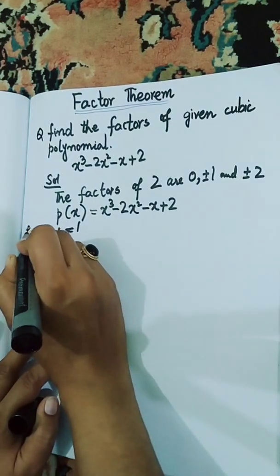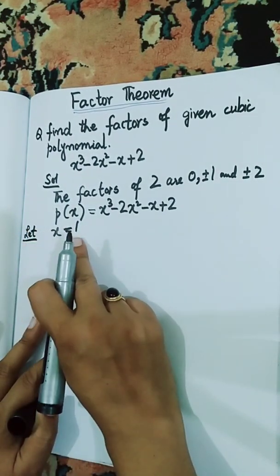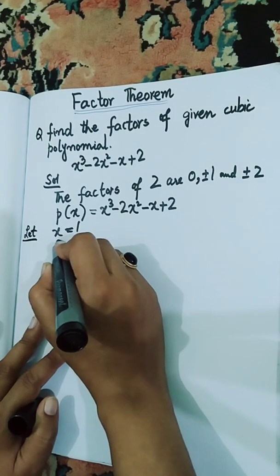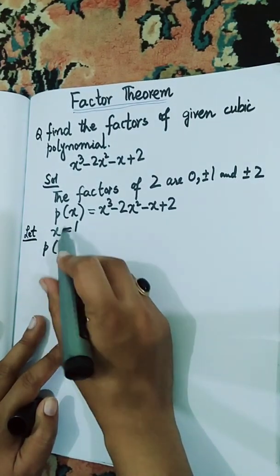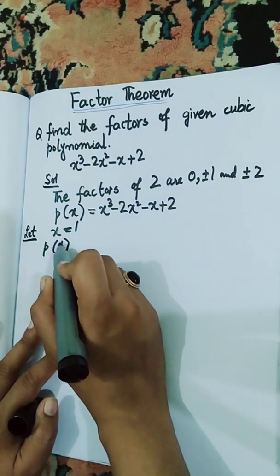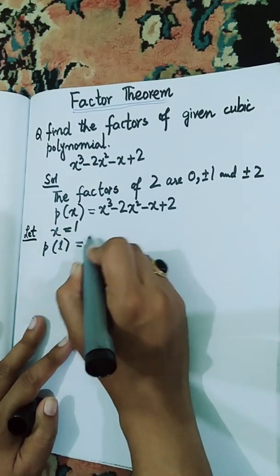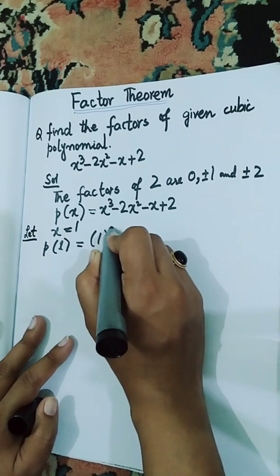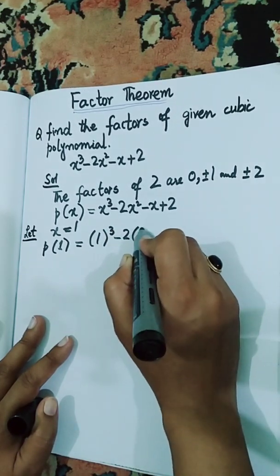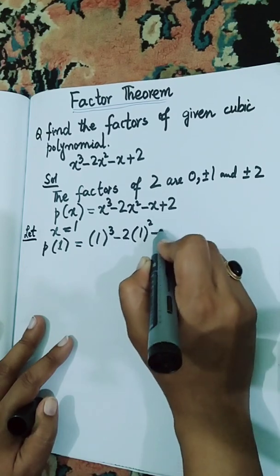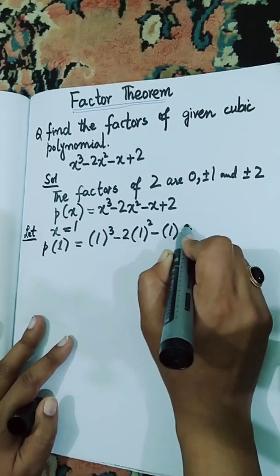Putting the value of x as 1 in p of x, it becomes 1 cube minus 2 into 1 square minus 1 plus 2.